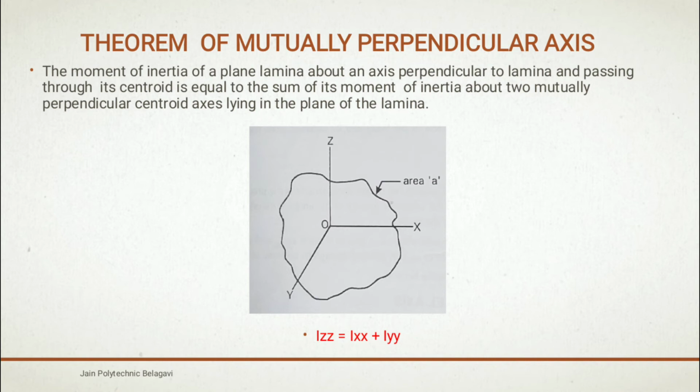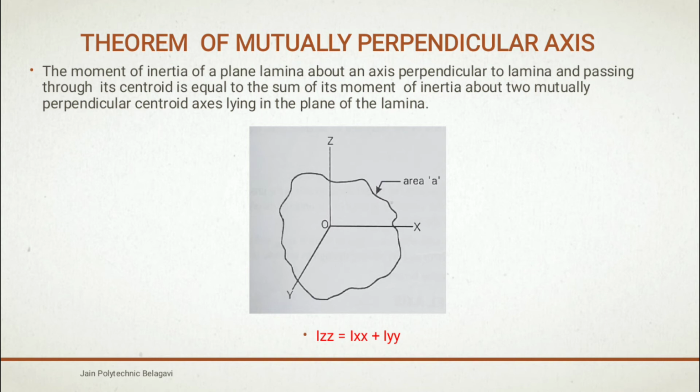These two are mutually perpendicular axes on a plane section as shown in the figure. Consider a plane OZ perpendicular to OX and OY. So you are identifying it: OZ is perpendicular to OX and OY.